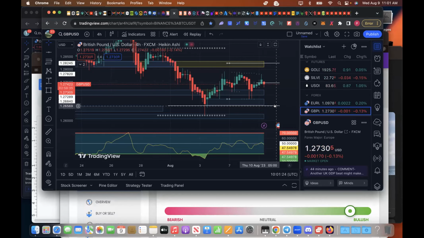If you want to take a small profit, you can sell GBP USD. I'll quickly check CHF shortly to see what it's doing. So you can take a position on GBP USD.